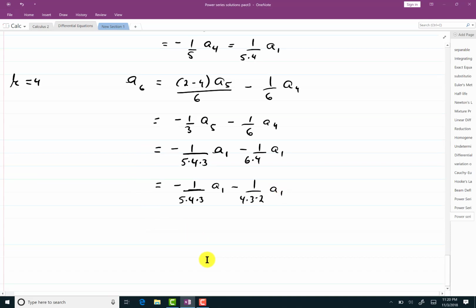And I'll do like I did before. This time I will factor out negative 1 over 4 times 3 and a sub 1. What that will leave me with is 1/5 plus 1/2.